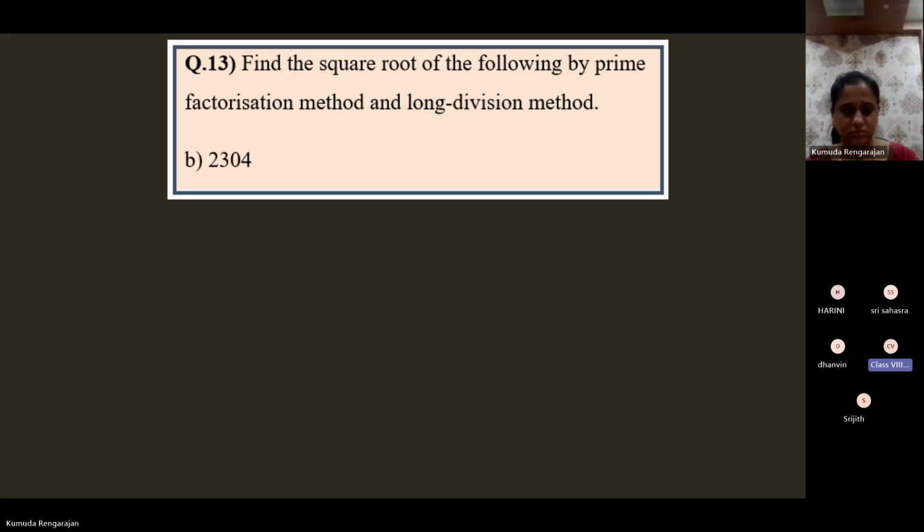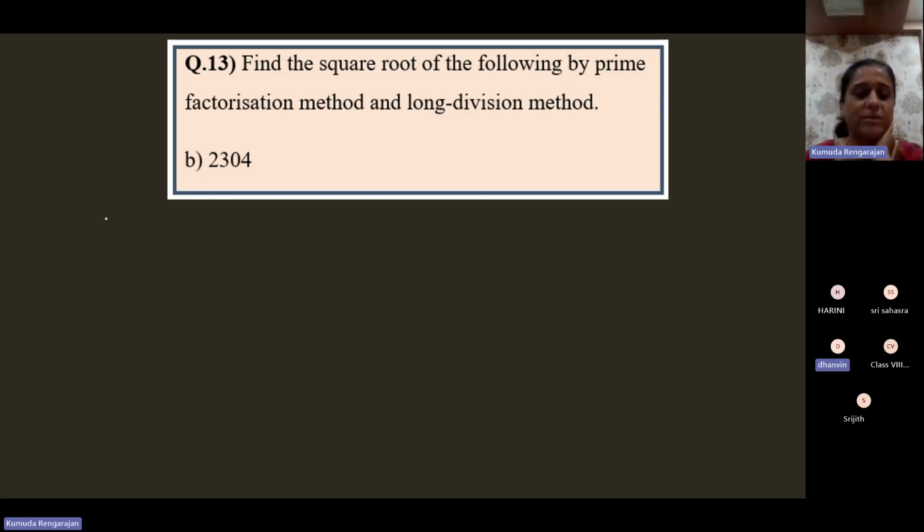Ma'am, can I say the square root of this 2304? Yeah, you have to find the square root only. Ma'am, we found it in long division. 48.